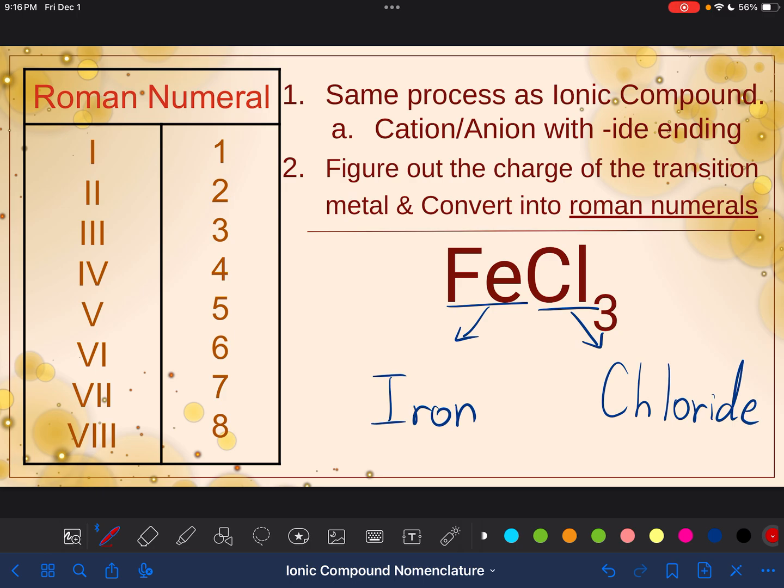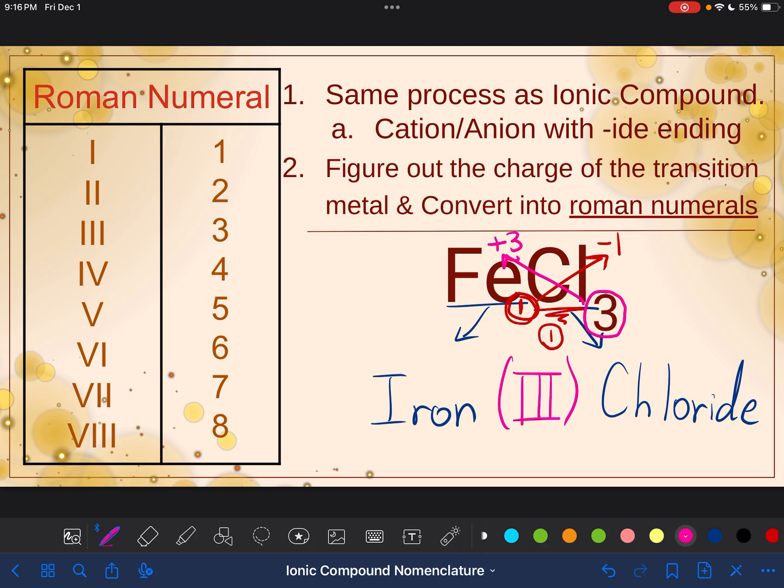Always look for the nonmetal section first, because we already know the charge for those. So chlorine is -1, which originally came from right here. So if we know Cl is -1, then this 3 right here is the charge for iron, which means the Roman numeral III. There you go.